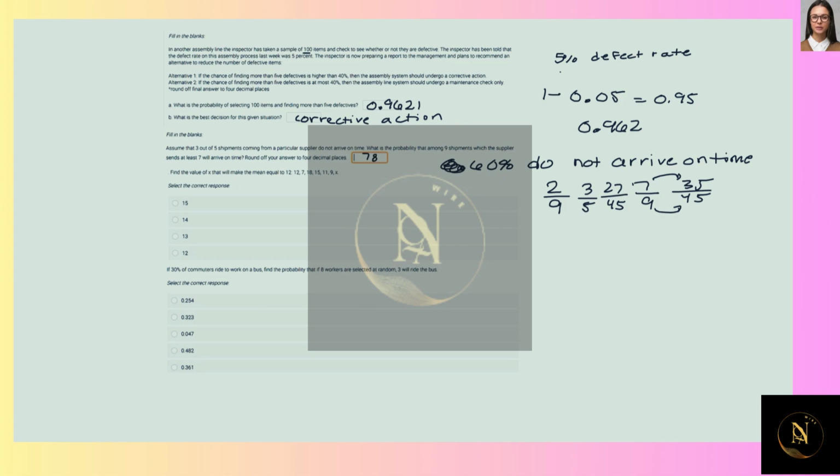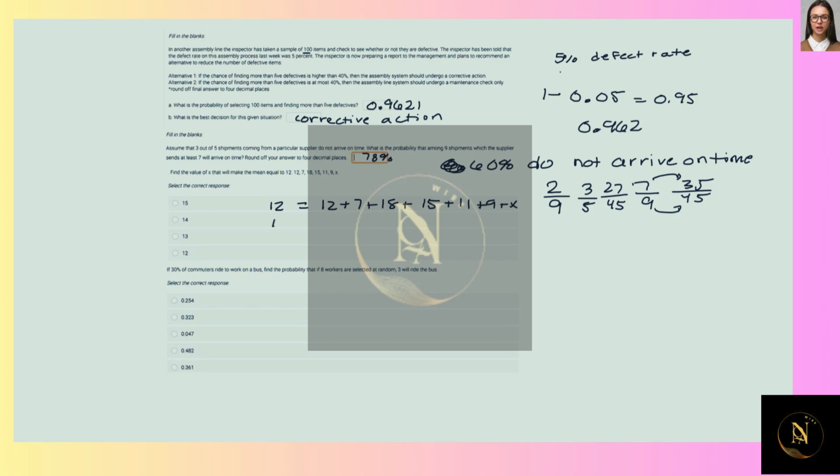Okay, find the value of x that will make the mean equal to 12. So 12 equals, and I'm going to add 12 plus 7 plus 18 plus 15 plus 11 plus 9 plus x. So 12 plus 7 plus 18 plus 15 plus 11 plus 9.